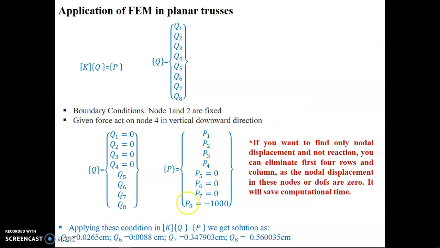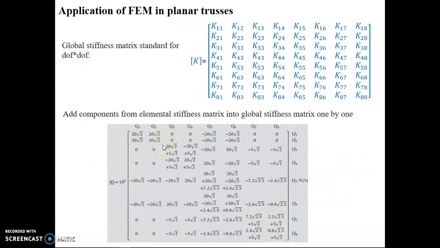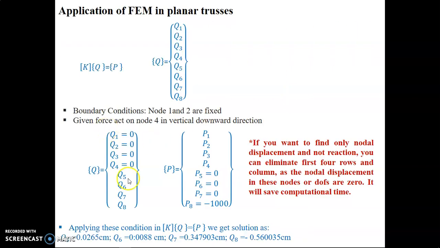So after simultaneously solving these 8 equations, we will be obtaining the displacement at the third node as Q5 and Q6 along the x and y direction, and at the fourth node we will be getting Q7 and Q8 displacement along the x and y direction.